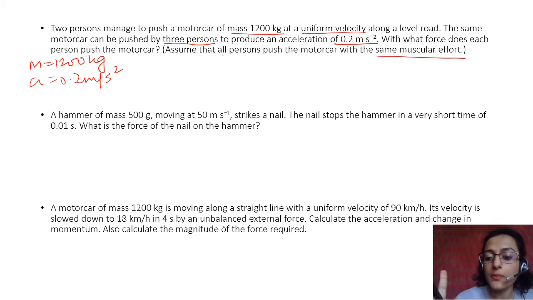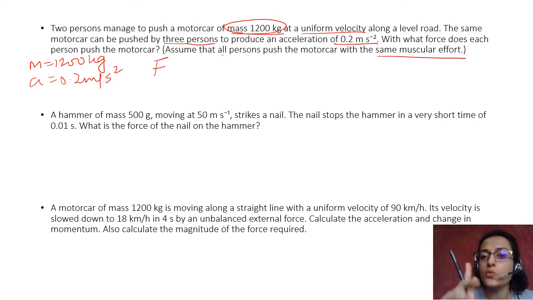Now, if one person is pushing the motor car, then the force would be F. Here, two people are pushing the motor car, but we have not been given anything else. The mass of the motor car remains the same, of course. So whether one person is pushing or two people are pushing, the mass of the car remains the same.